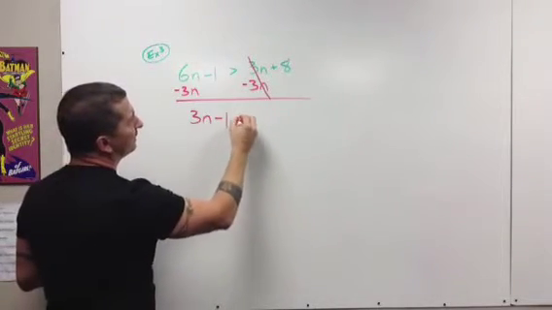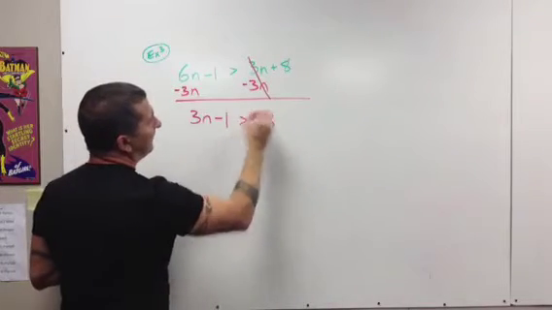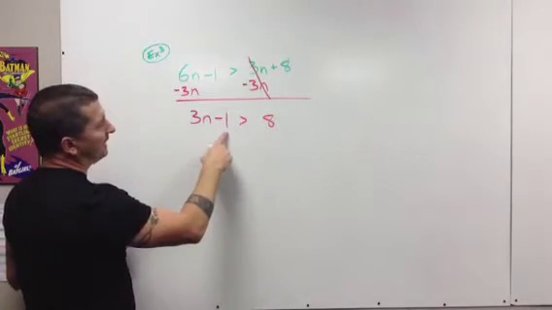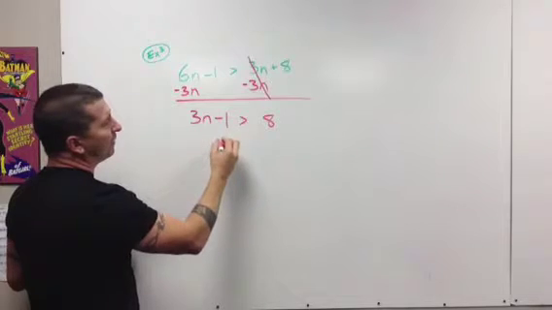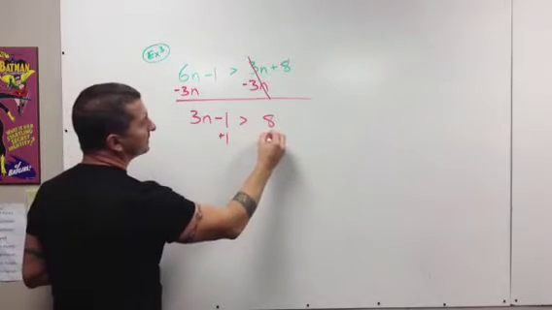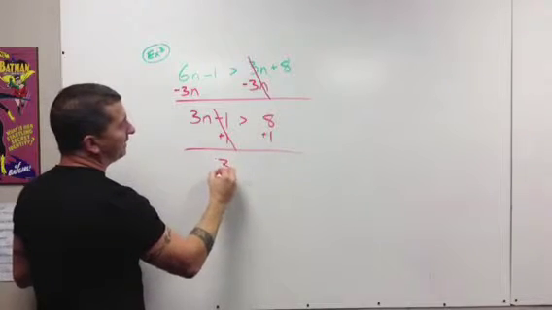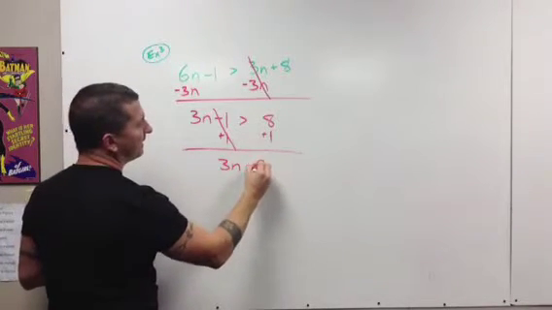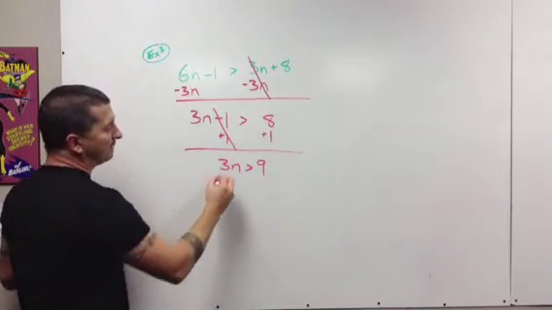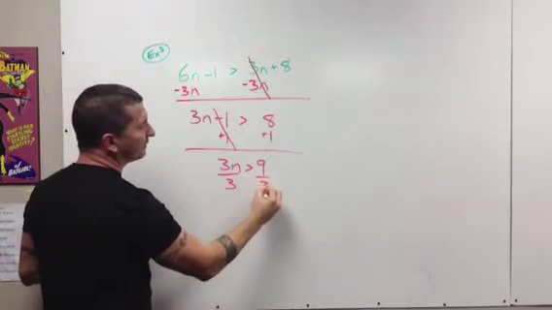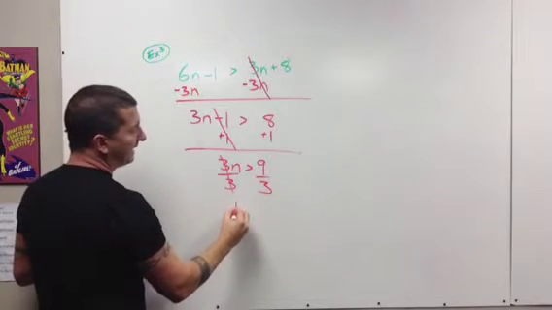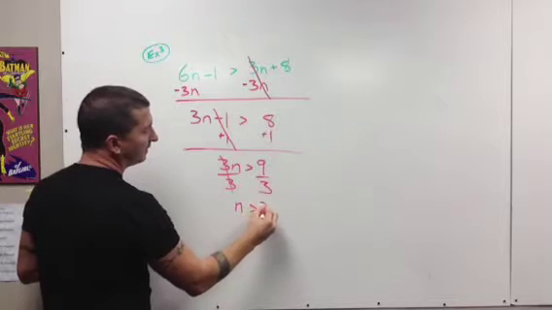We have -1 is greater than 8. Now we need to eliminate this -1, so we're going to add 1 to both sides. Then we have 3n is greater than 9. Our last step is to divide by our coefficient 3, and we get n is greater than 3.